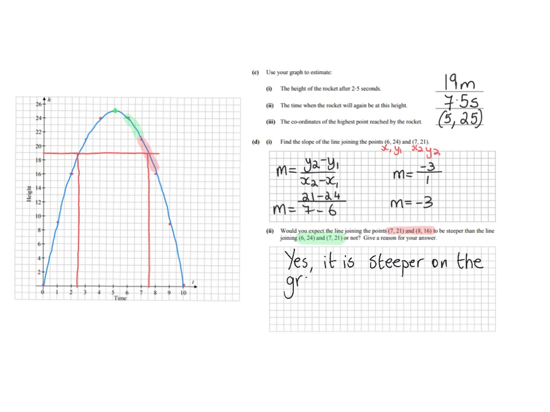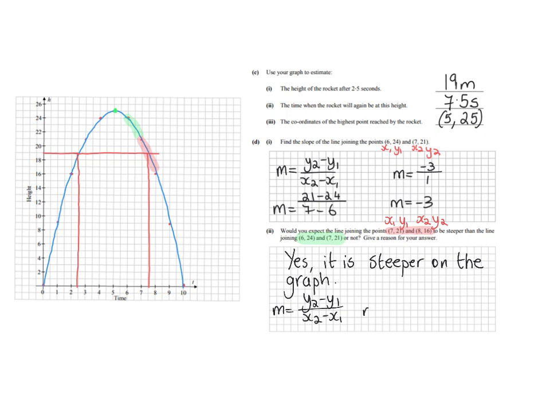However, to be definitely sure, you should always get the slope of the two. So the slope is m is y2 minus y1 over x2 minus x1. We've got the slope of (6, 24) and (7, 21), so we need the slope of (7, 21), (8, 16). So that's x1, y1, x2, y2.